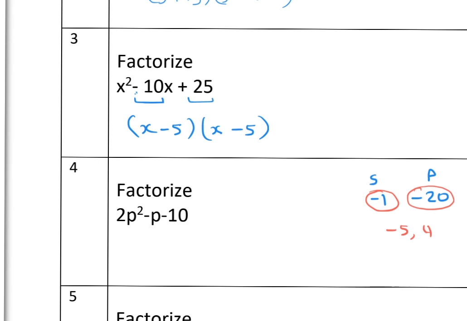So replace the middle term negative b by negative 5b plus 4b, or 4b minus 5b. Now we replace the middle term by these two terms, negative 5b and 4b.